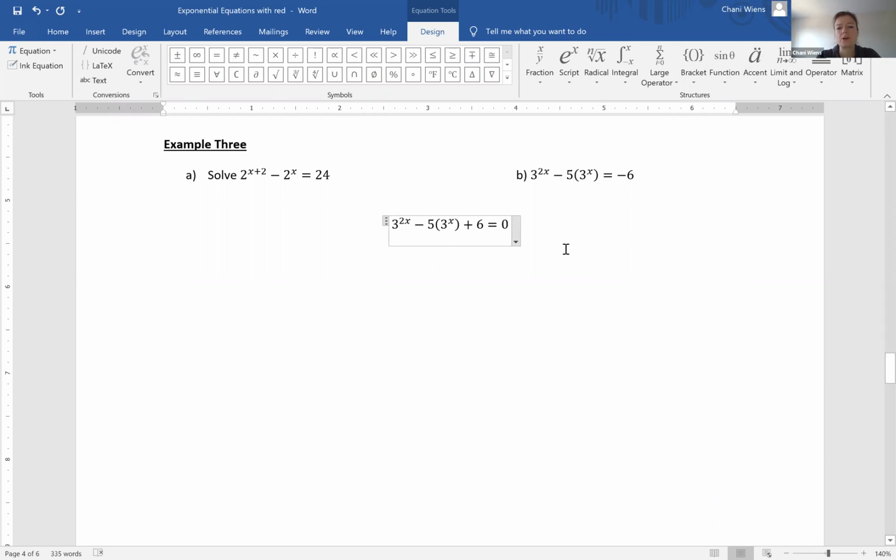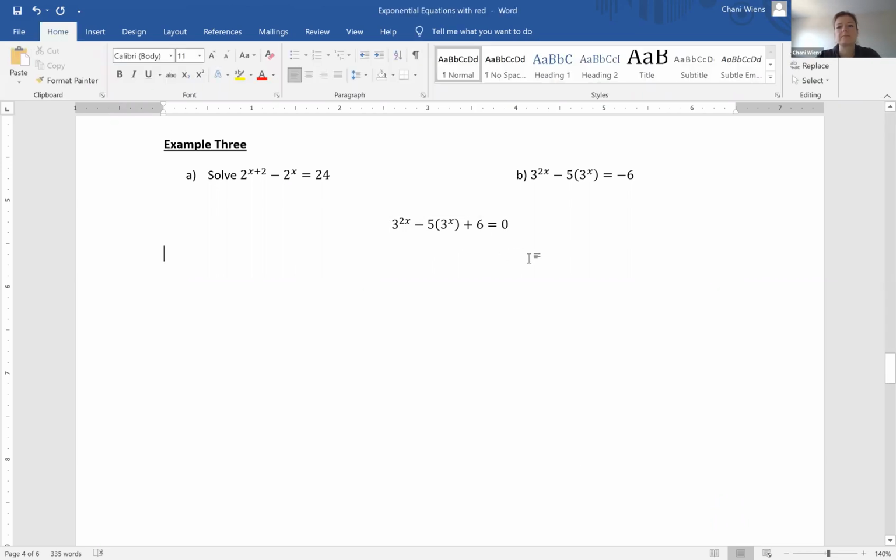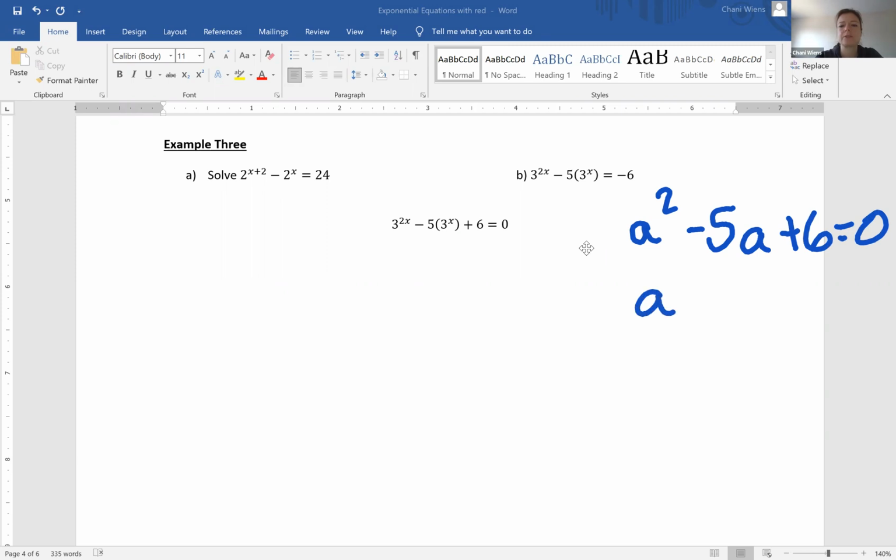Okay, so again, to your eye, this isn't automatically a quadratic, but it is, okay? So this is actually of the form, you can write this on the side somewhere, a squared minus 5a plus 6 equals 0, where a is equal to 3 to the power x.